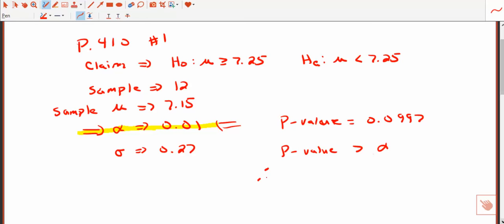Therefore, when that happens, that tells us that we must fail to reject the claim. Not saying that we absolutely accept it, but we fail to reject the claim. So I could state that as: there is not enough evidence at the 1% significance level to reject the company's claim.